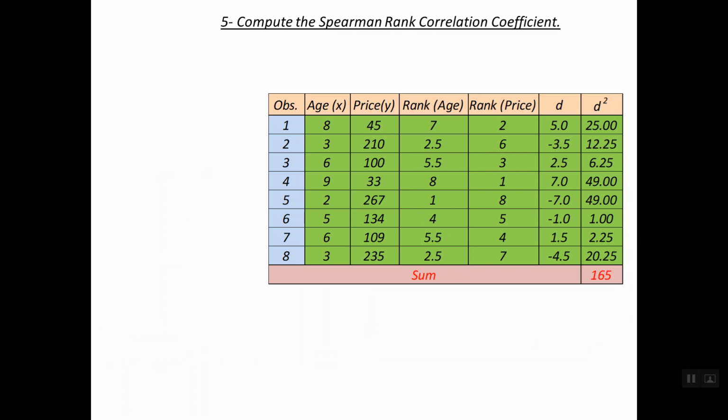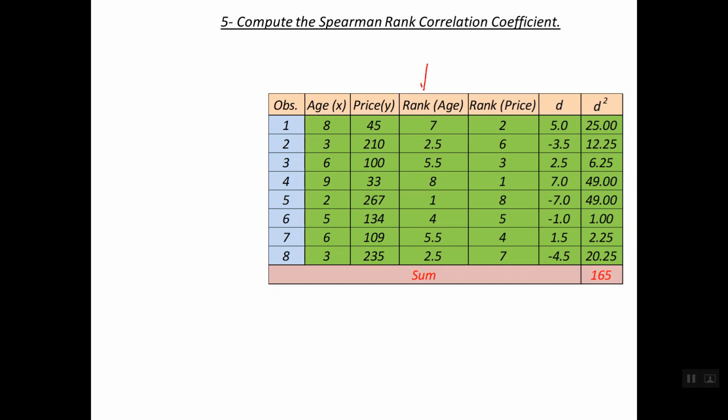Now we are asked to compute the Spearman rank correlation coefficient. We will stay on this slide for more time. First of all, we have 8 observations and 2 variables. We have the variable x, which is the age of the car, and the variable y, which represents the price of the car.